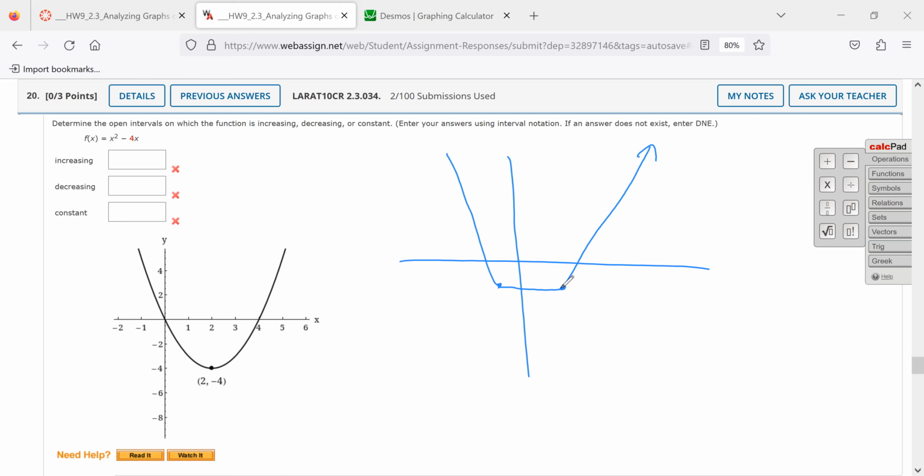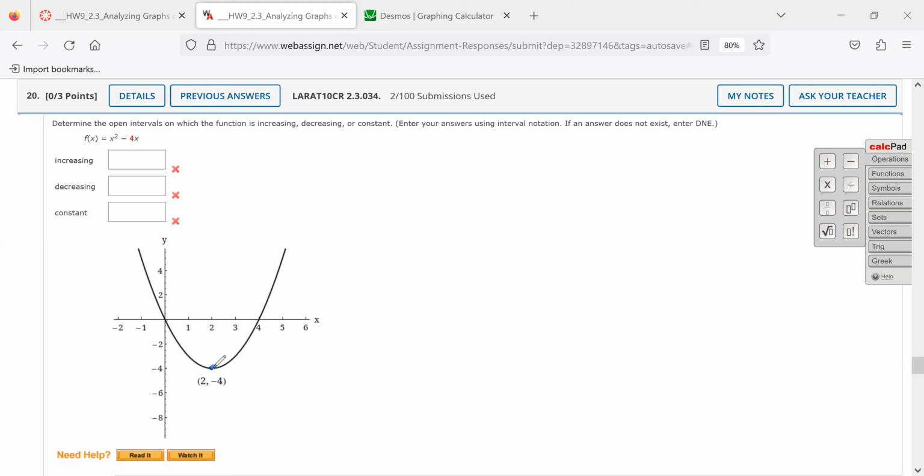We would be constant here, increasing here because from left to right we're going up, decreasing over here, left to right we're going down. So if you see a chunk where it's flat, then you can say it. But here, it's a single point that I believe is constant, but we'll let it go.